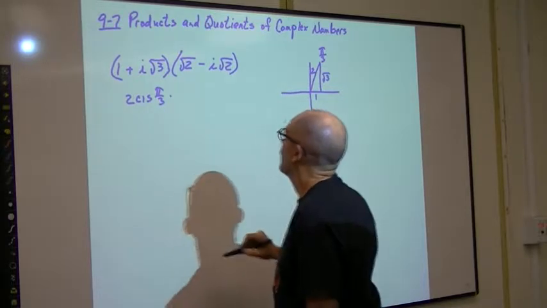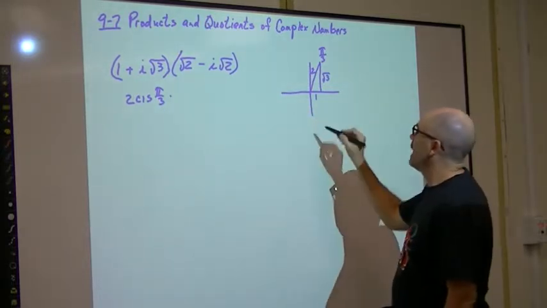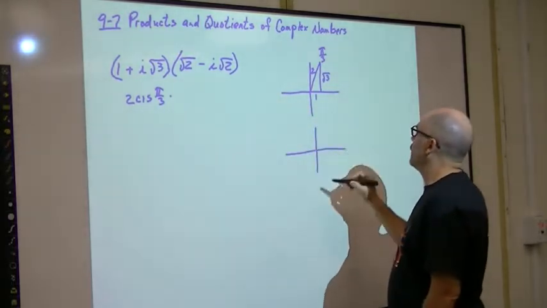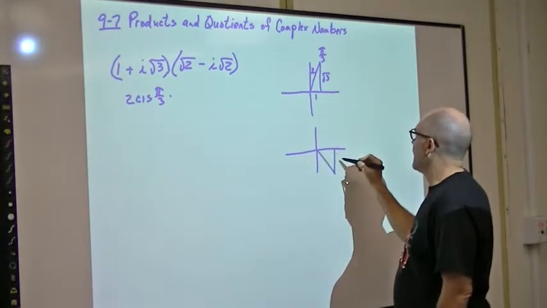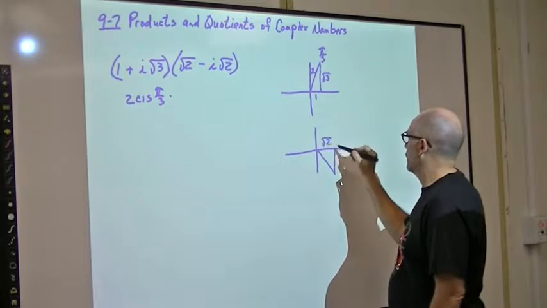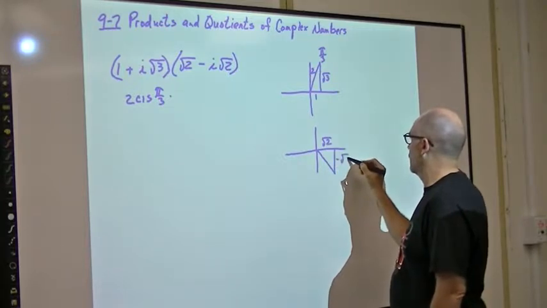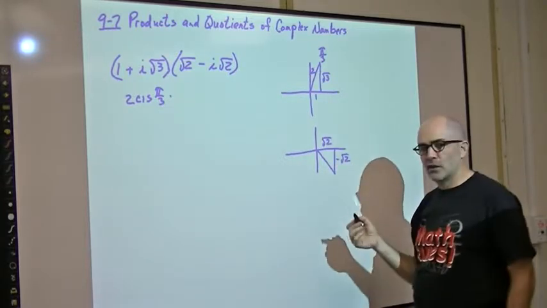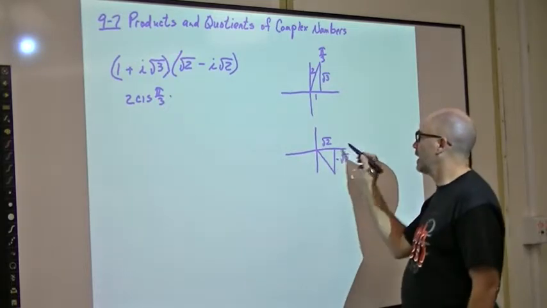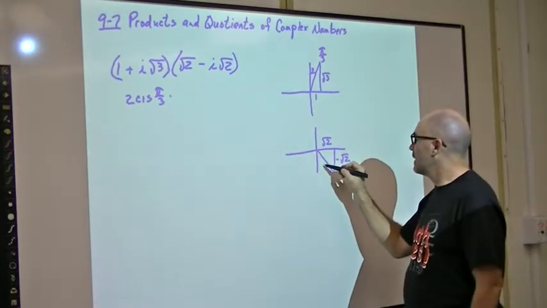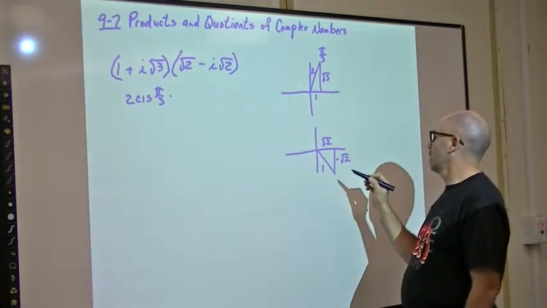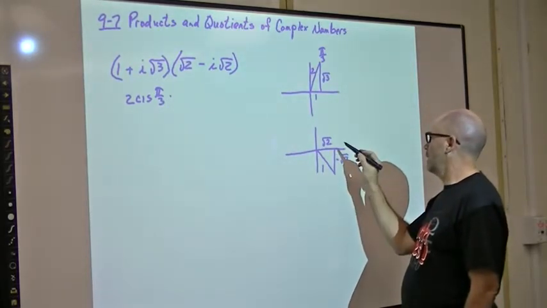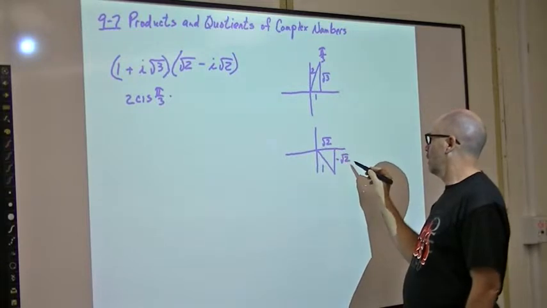And now square root of 2 minus square root of 2 i. So that means we go right square root of 2 and down square root of 2. So you also recognize this as a 45, 45, 90, so that makes the hypotenuse 1 because, wait a minute, 2 plus 2 is 4, huh?